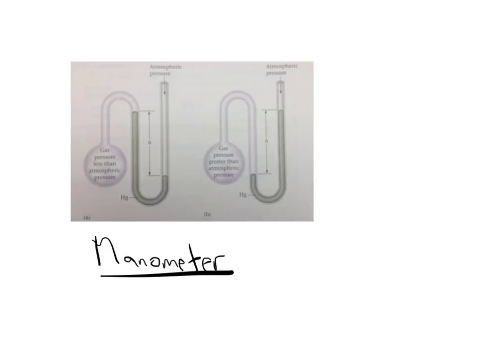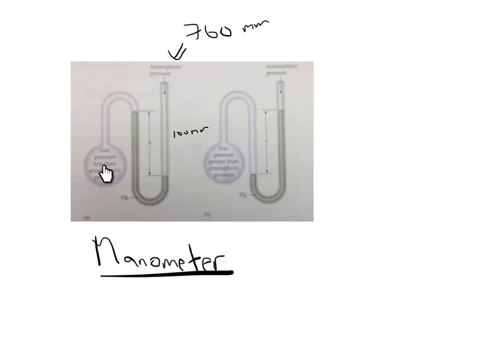So for example, if this difference in height is 100 millimeters of mercury, and we know atmospheric pressure is 760 millimeters, then we know that the pressure here must be 100 millimeters less than this pressure.